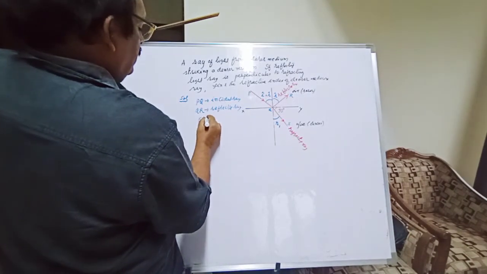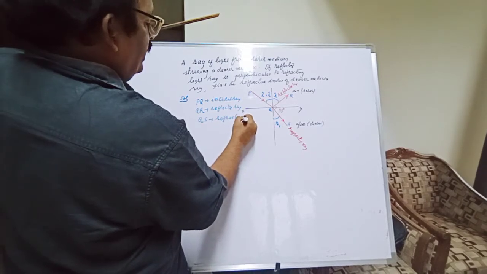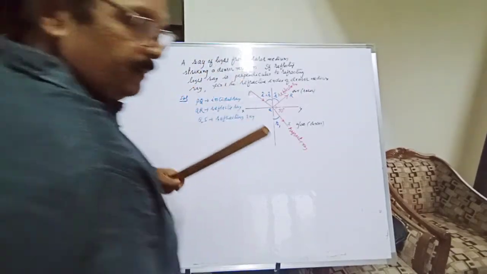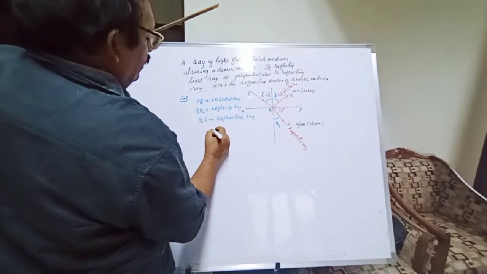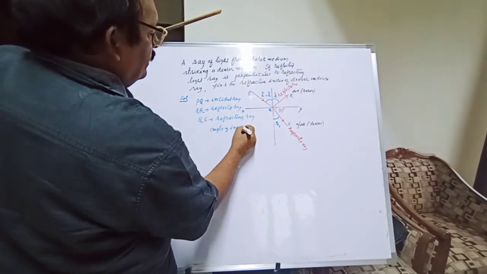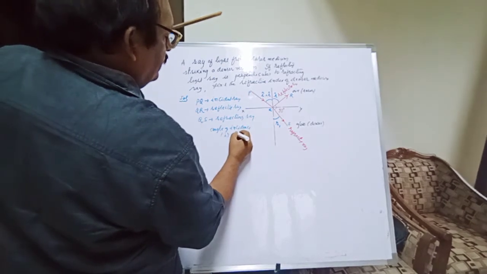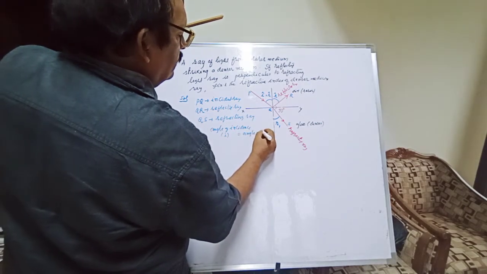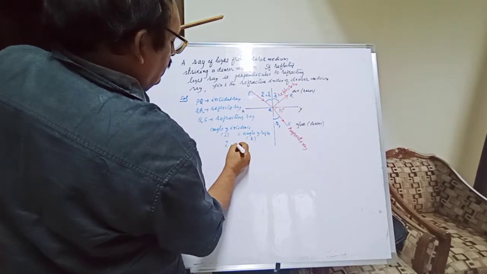QS, refracting ray. The angle of incidence equals the angle of reflection: I equals R.